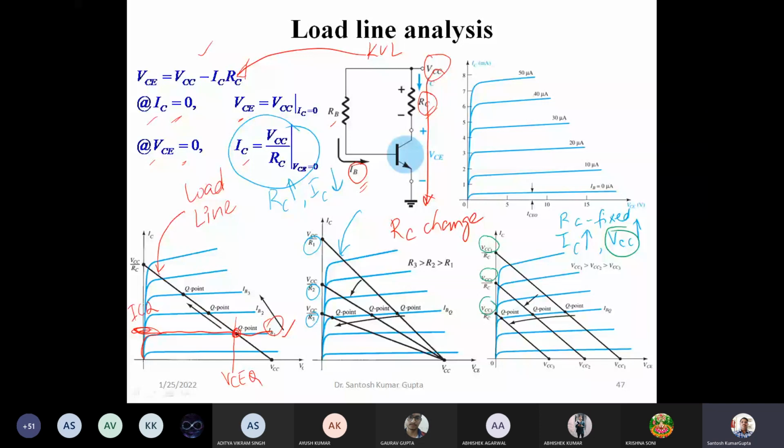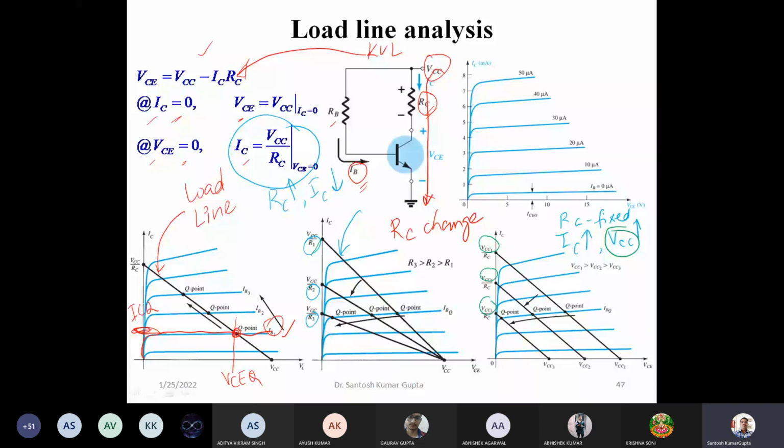However, for a given value of RC and VCC, we have a single load line which corresponds to the given circuit, and the intersection point gives us the operating point.